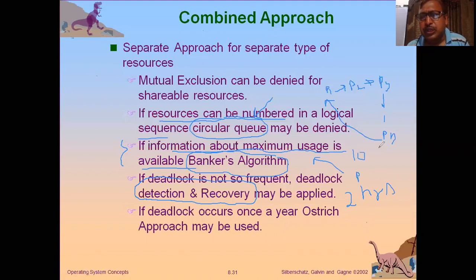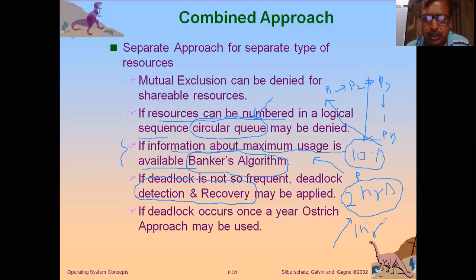If my deadlock happens on average once every 2 hours, I can apply the deadlock detection algorithm every 1 hour, and if there is a deadlock, I can remove it by process termination or resource preemption, okay. So this is one possibility.